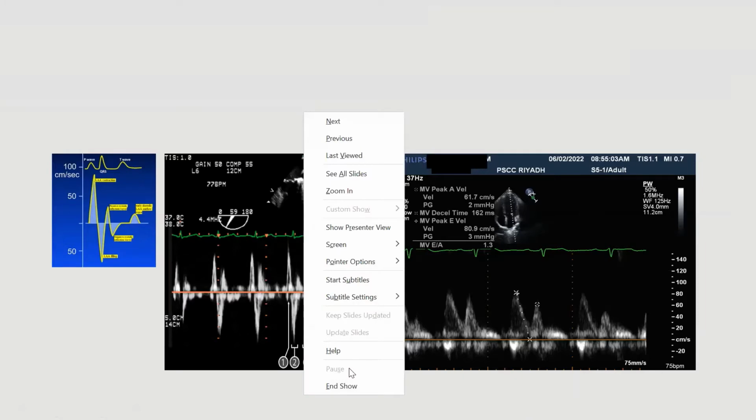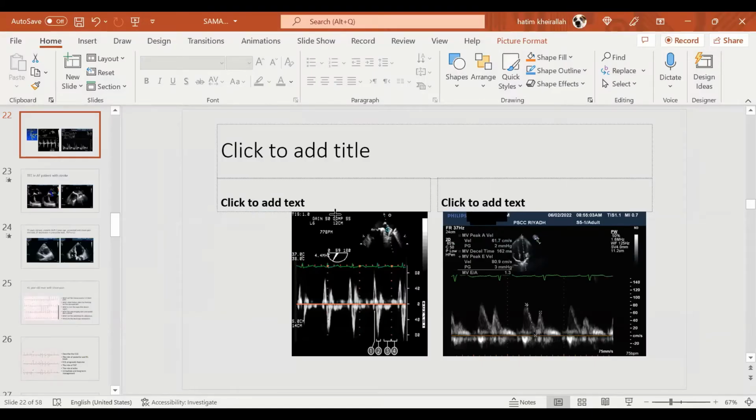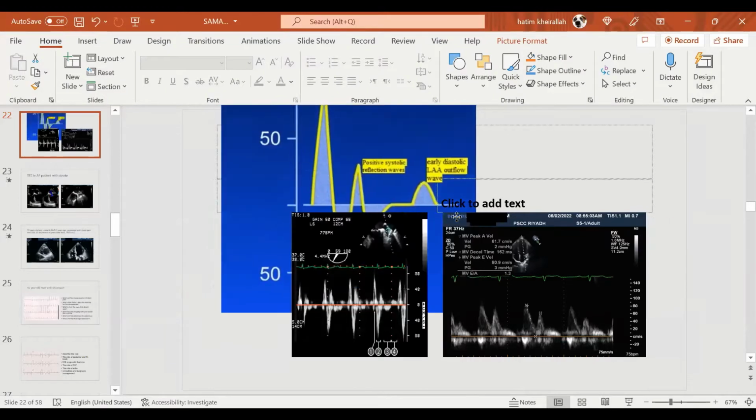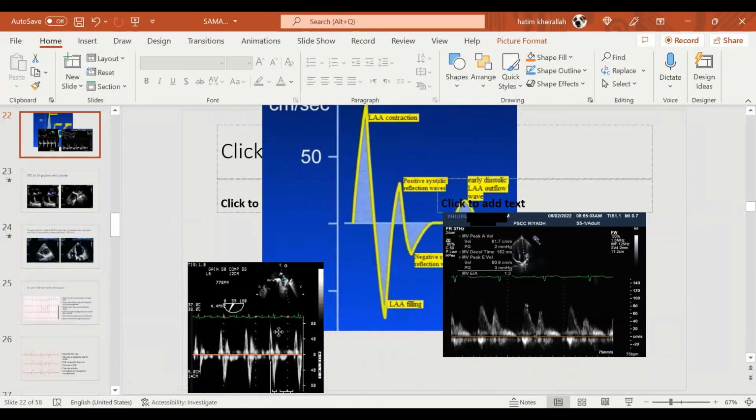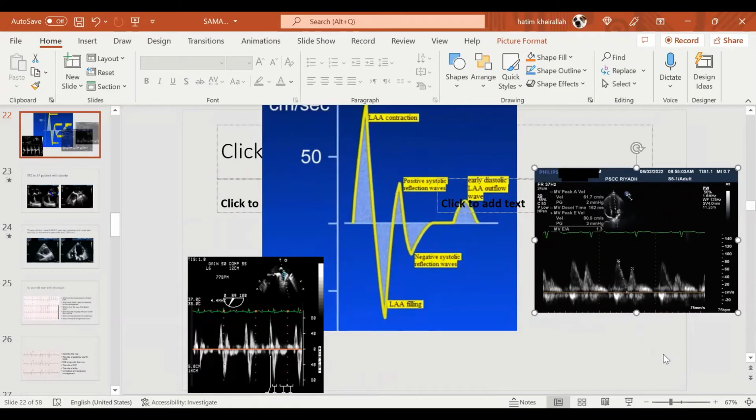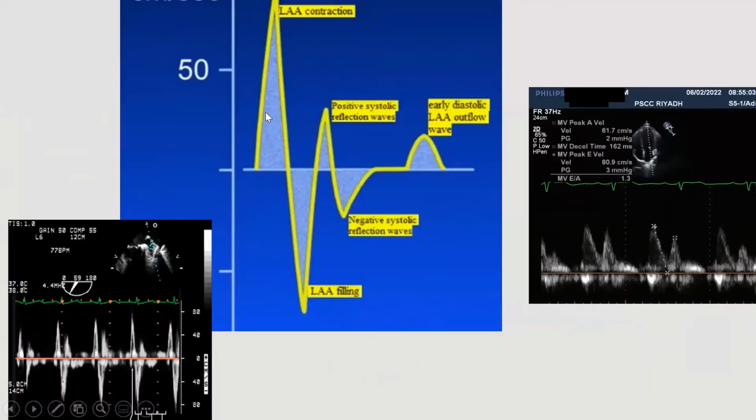I'm going to show you this to see it well. Look here. This is the LA contraction flow. You see, it's this one, which is immediately after the P wave.